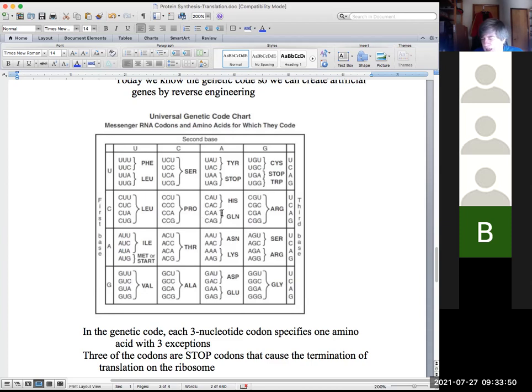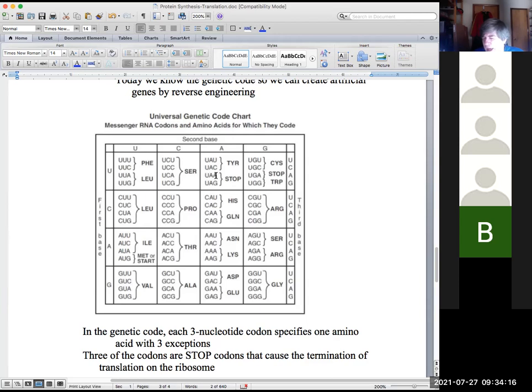If we have CAA, we're always going to put an amino acid that's abbreviated GLN, glutamine, in that spot. So we want to keep that in mind. So one codon, one amino acid, with 3 exceptions.